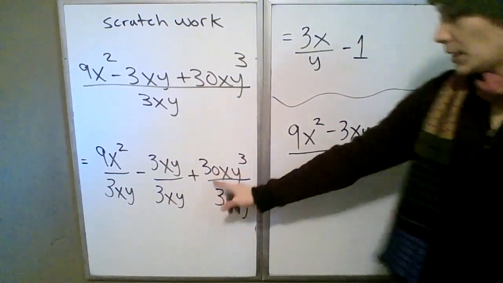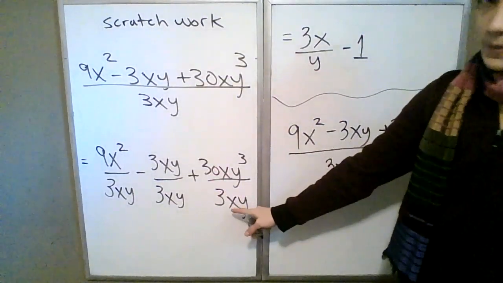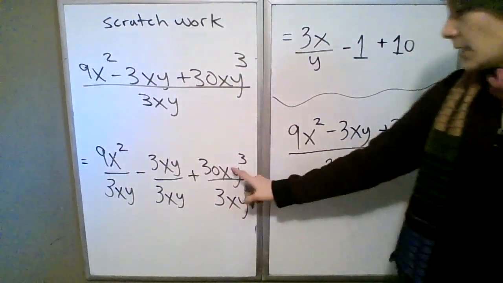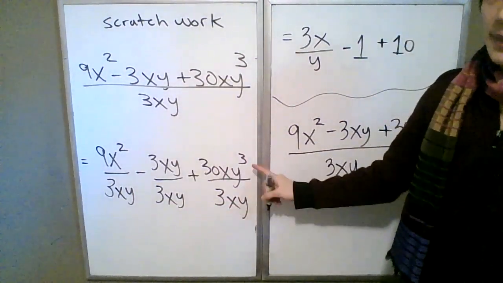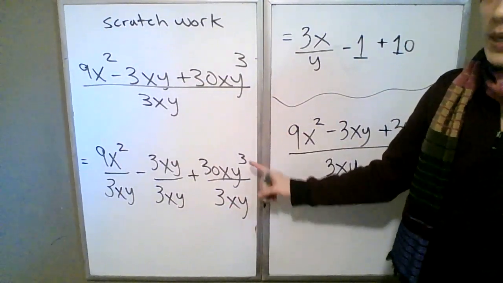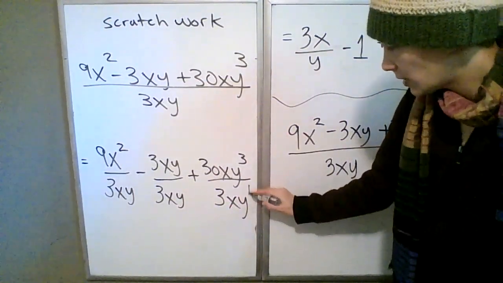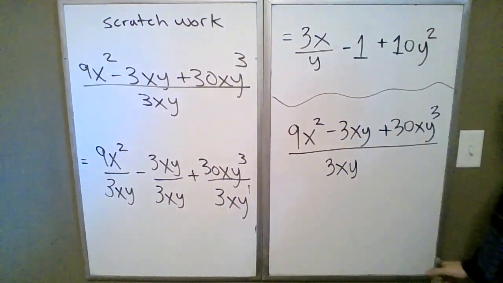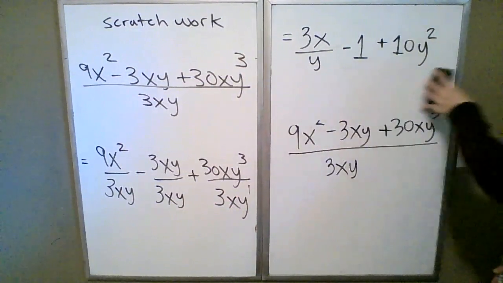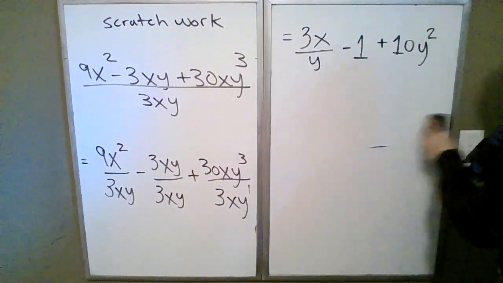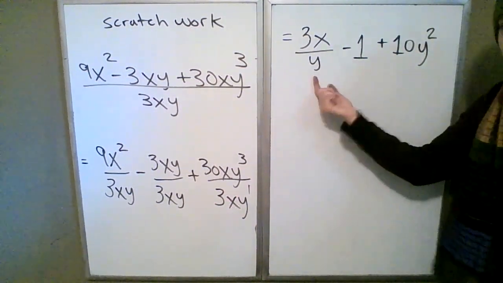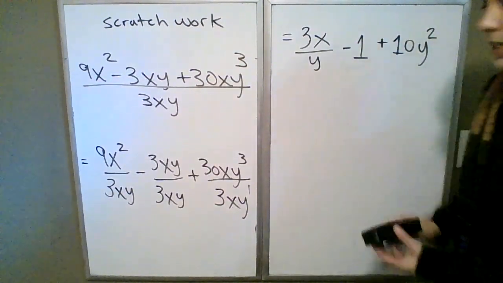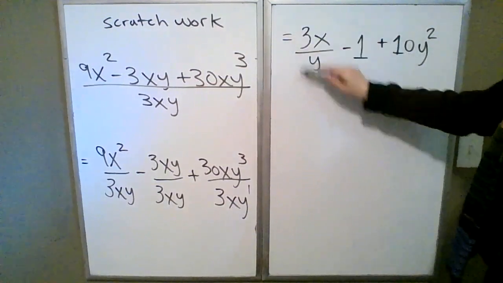Plus 30 over 3 would be 10. There's an x over x, which reduces to 1, and then the y cubed over y is y to the power of 3 minus 1, so y squared. And then just a quick check, are there any like terms? No, they're all going to stay separate, and that would be my answer.